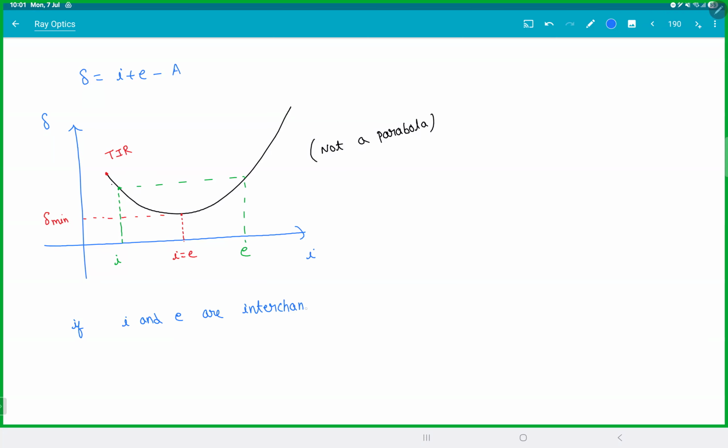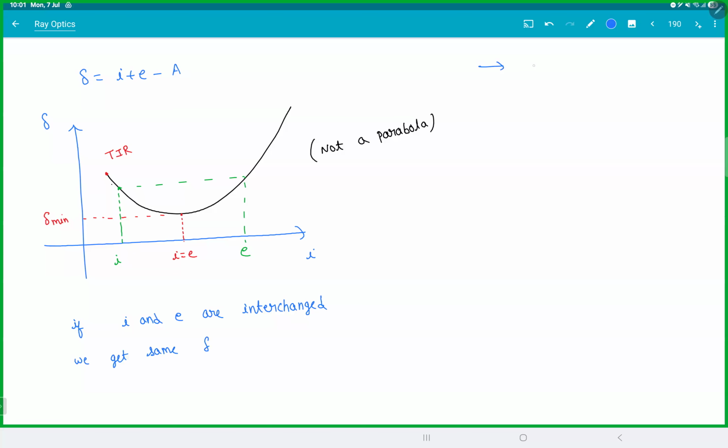Meaning, for example, if I is 40 and E is 60, then if you make E 60, you'll get I 40. The graph is important. I'll show you how they'll ask questions on graphs also.